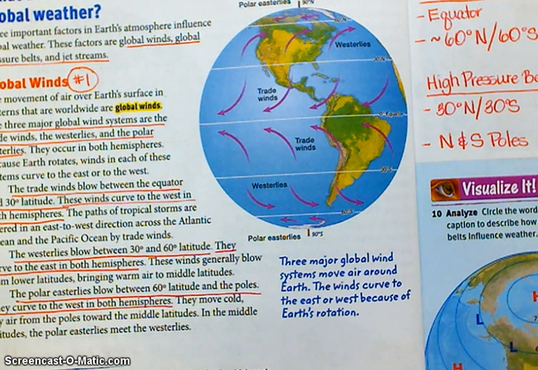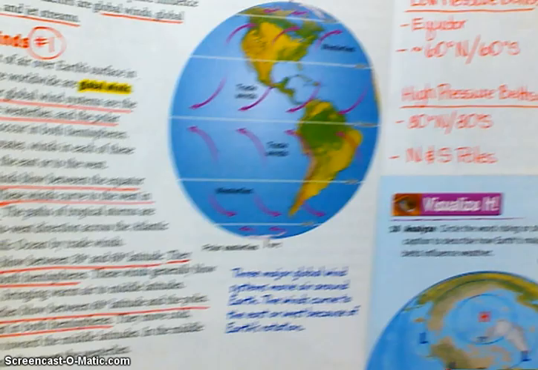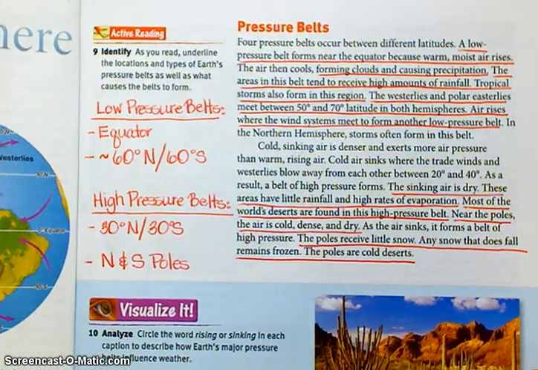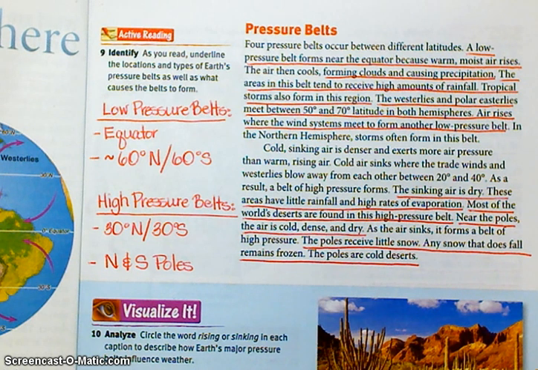The next thing we're going to talk about as far as atmospheric factors that affect global weather are pressure belts. So now I'm on page 455. There are basically four pressure belts that occur at different latitudes.